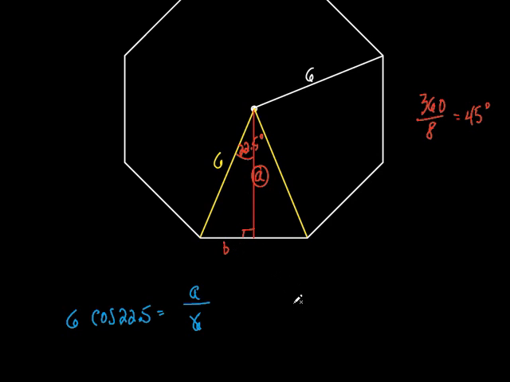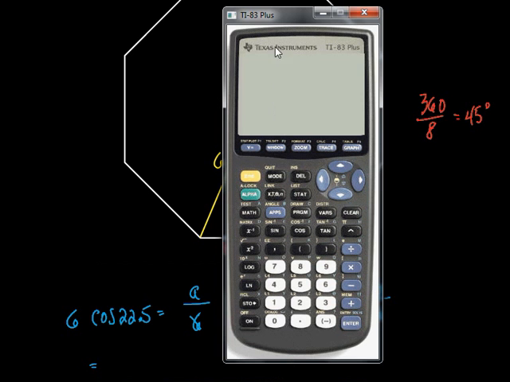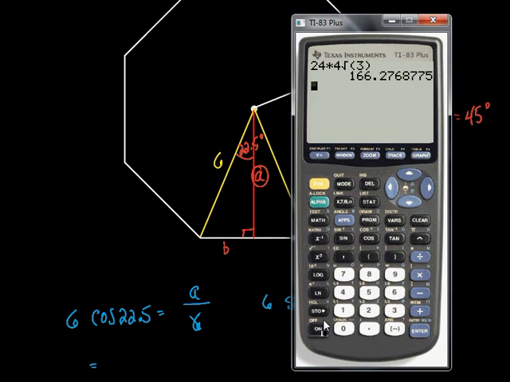Let's solve for b. What am I going to do for that? We're using trig functions, so we might as well use a trig function again. This is opposite and hypotenuse, so use the sine of the angle equals opposite over hypotenuse. Multiply both sides by 6, and there's that. So let's just finish it off.